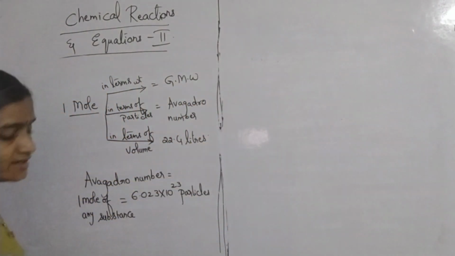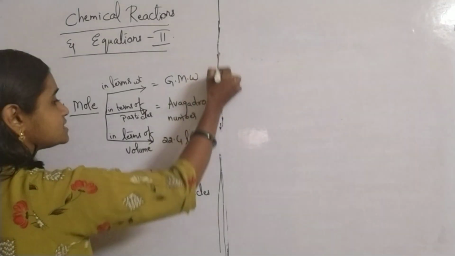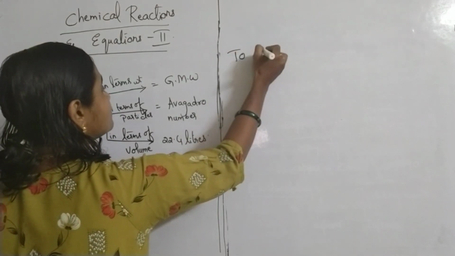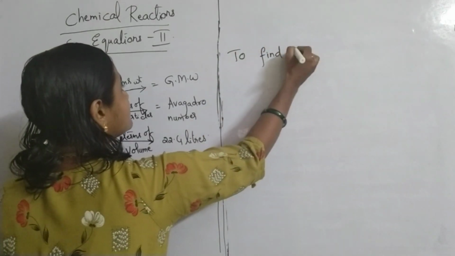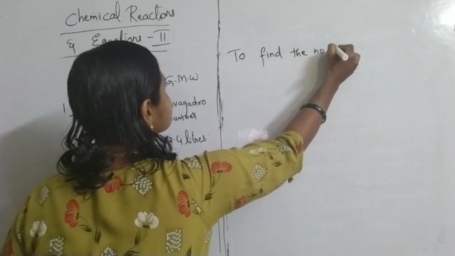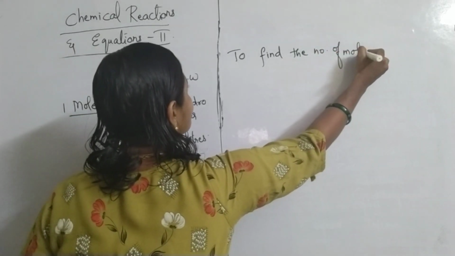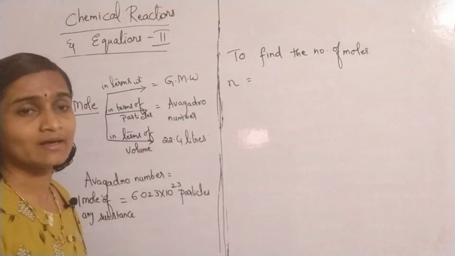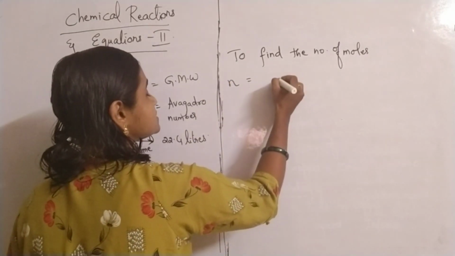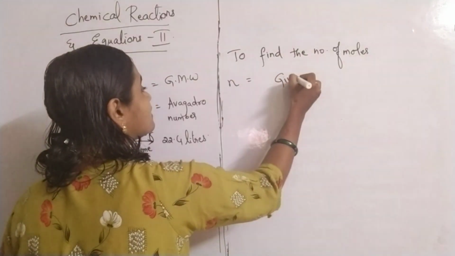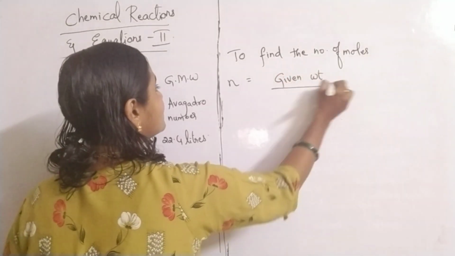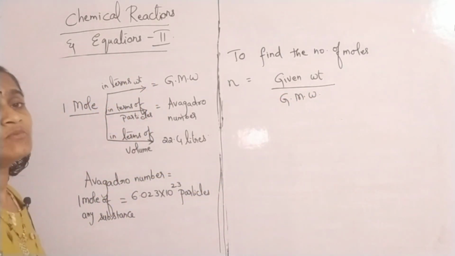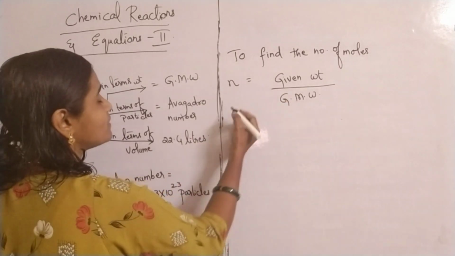The number of moles is denoted by the letter small n. n is equal to given weight by gram molecular weight. Given weight of any substance divided by the gram molecular weight of the substance gives you the number of moles.